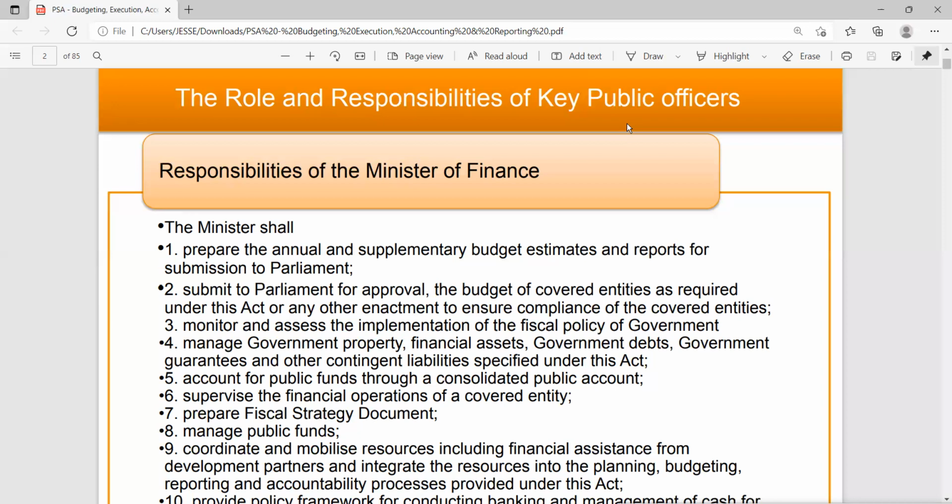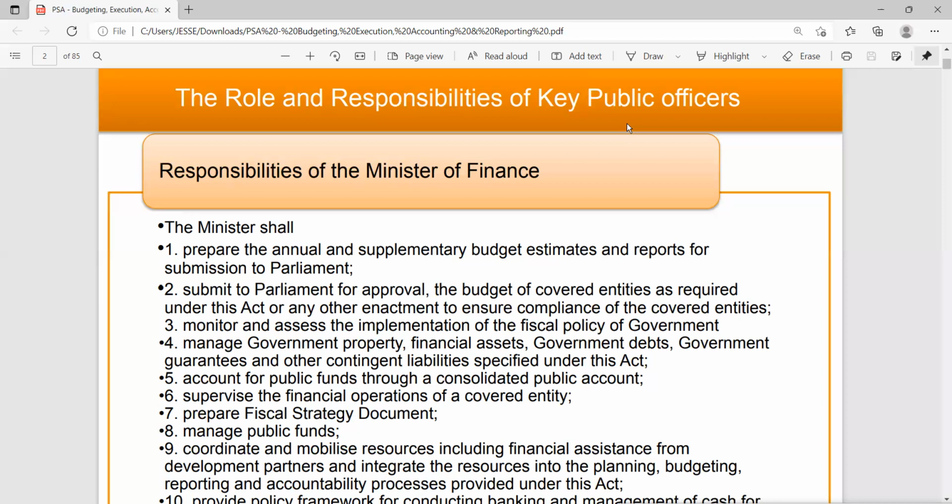So always remember he or she prepares the budget estimates and reports the submissions to Parliament. So the budget estimate is basically a financial forecast of the economy and how the finance minister, based on his or her assumptions, is looking into the future of the economy.